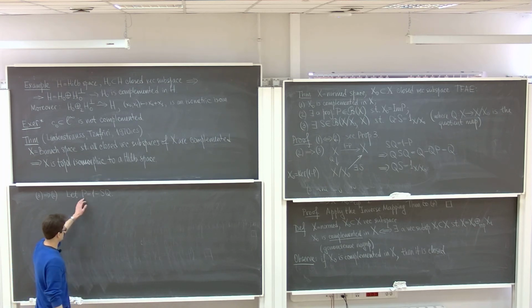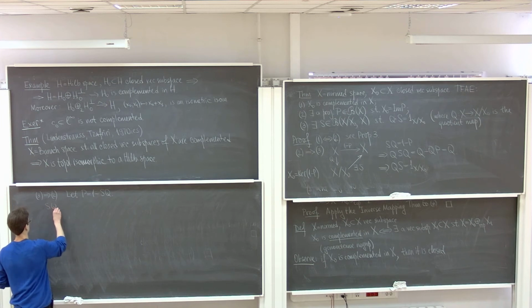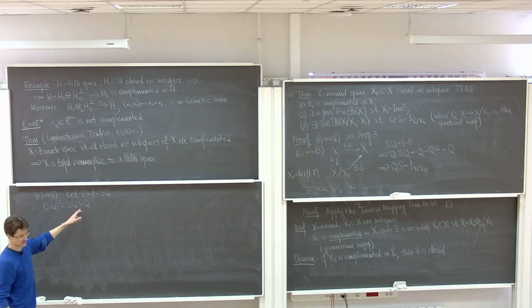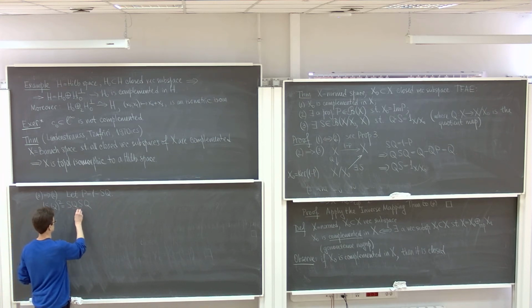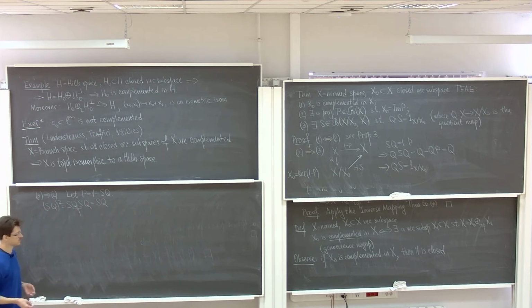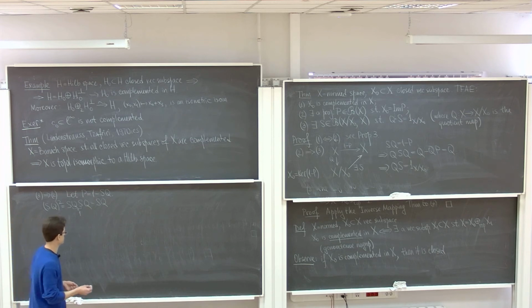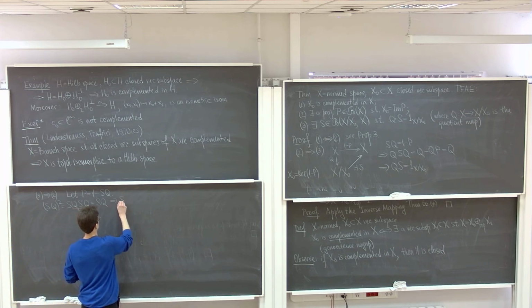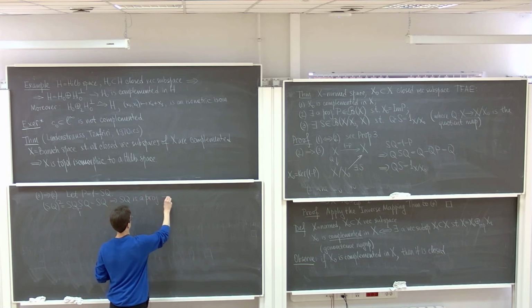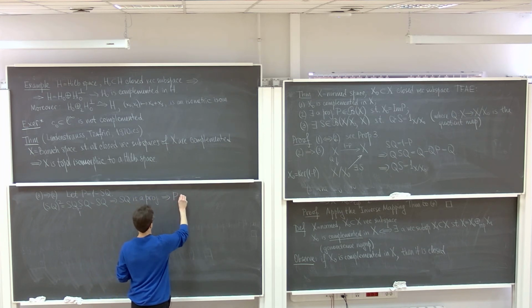To show that P is a projection, it suffices to show that SQ is a projection. Well, okay, SQ squared. What is this? This is SQ, but QS is the identity map. So this is just SQ. So SQ is idempotent, which means that it is a projection. SQ is a projection, and hence P is also a projection.